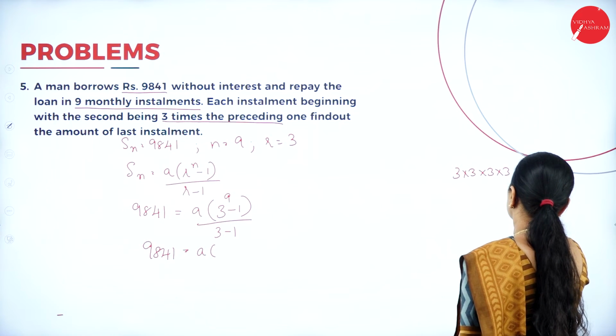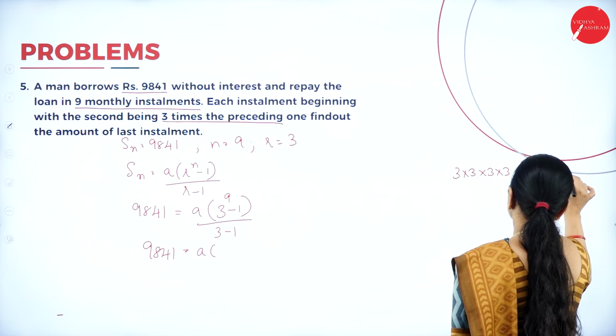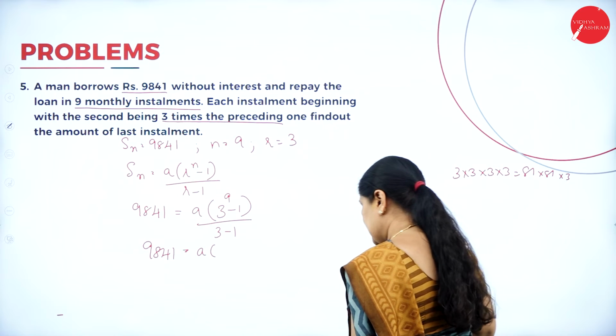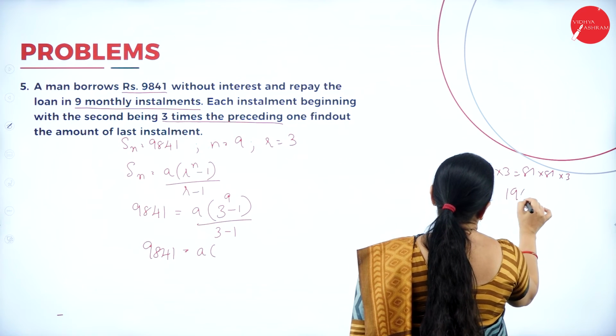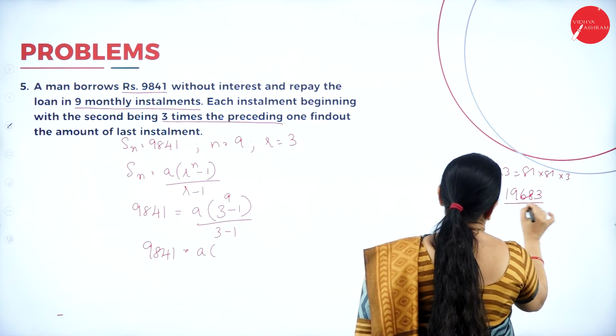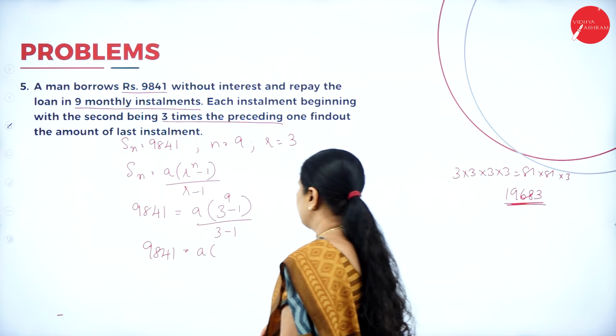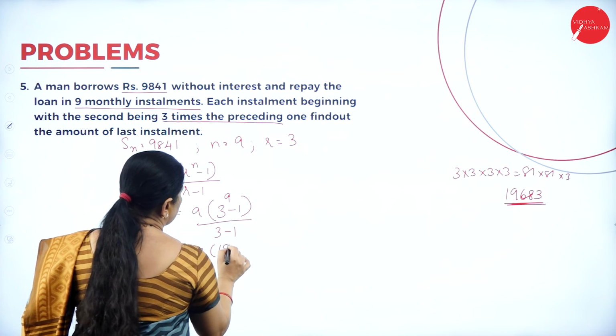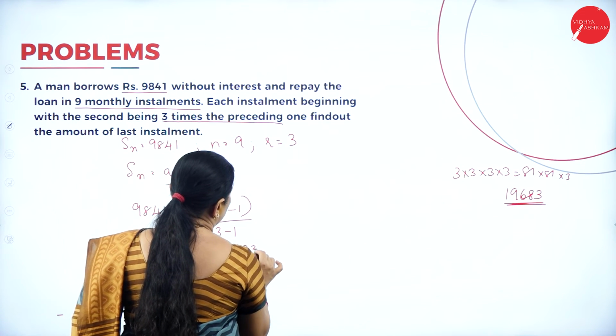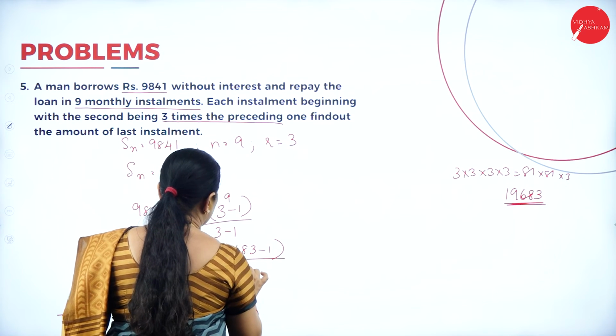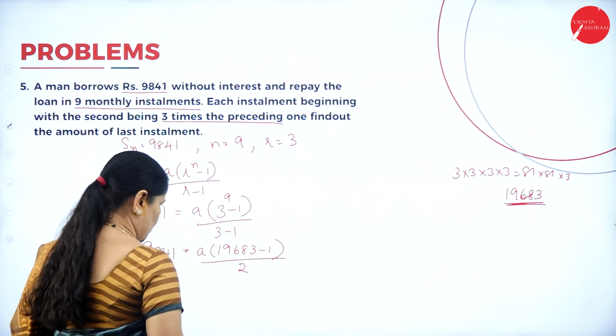So, we get 6,561 into 3. So, I get the answer as 19,683. So, I will write here 19,683 minus 1 divided by 2.